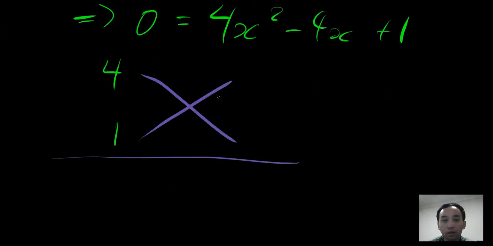Okay, so let's think over here. +1 here, that means 1 and 1 is a possibility, but we do need -4 over here, so maybe that's not good. And what about -1 and -1? If this happens, you get -4 and -1, so it doesn't look like this works at all. So I'm just going to cross this out.